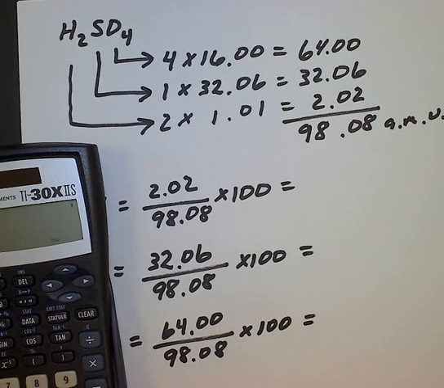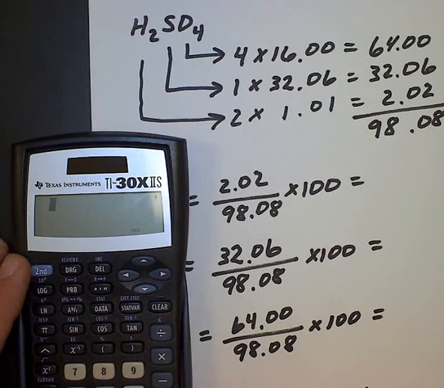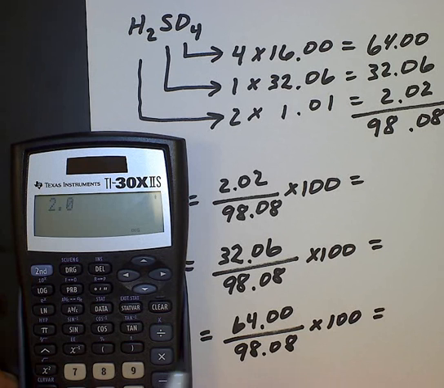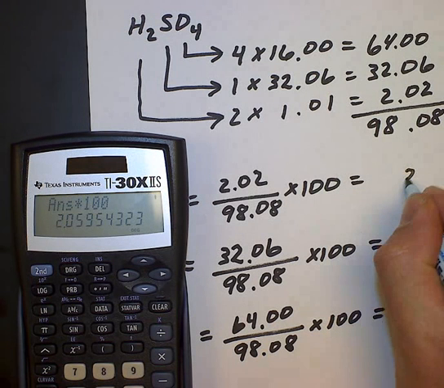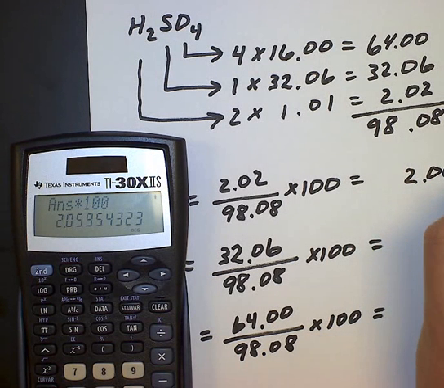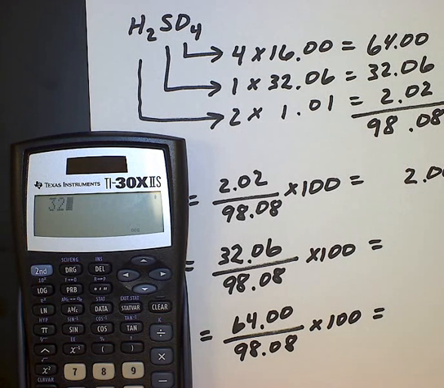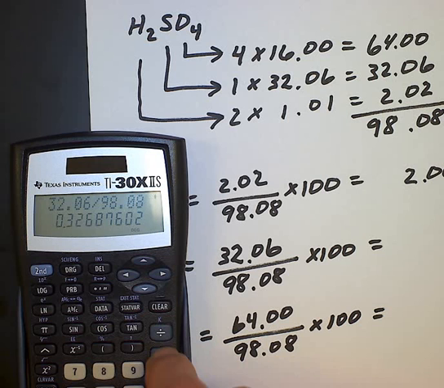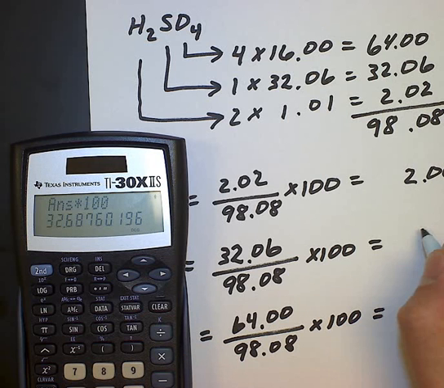Taking our calculator here, you'll see for hydrogen, we're going to take 2.02, divide it by 98.08, times 100. It's going to give us 2.06%. So 2.06% of this compound is contributed by hydrogen. Then we're going to do the sulfur, 32.06 divided by 98.08, times 100. It's 32.69%.